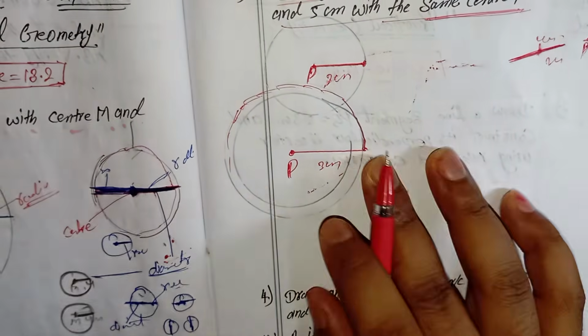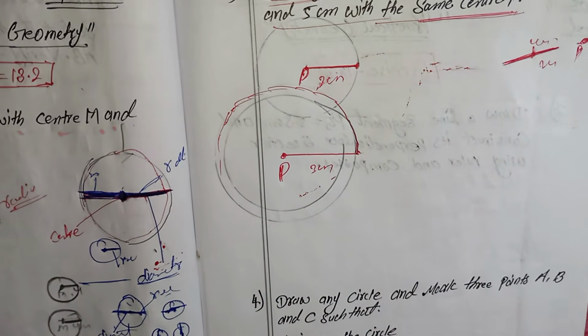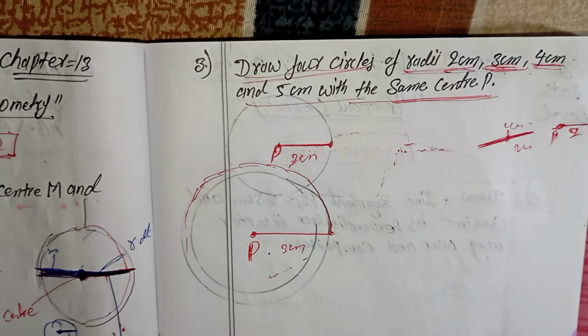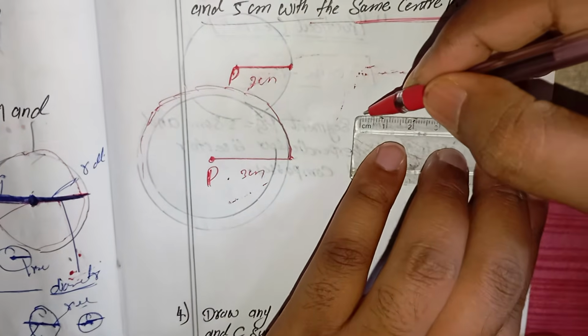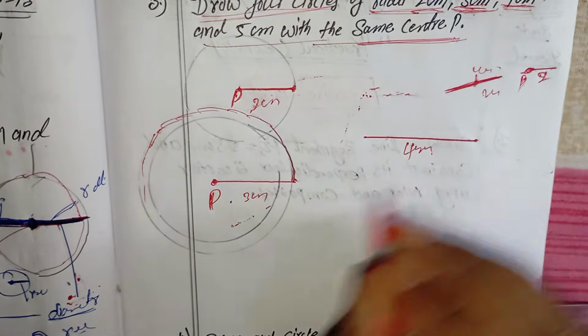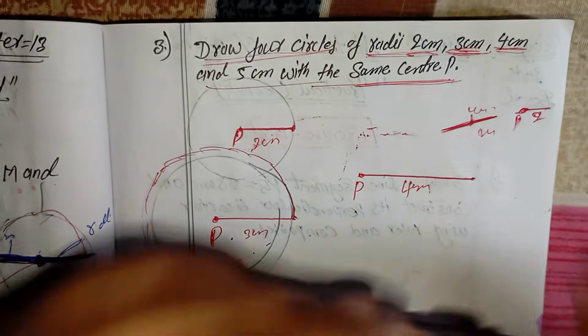This one is the circle. It is not clear, it's made by me, but focus here. Now 4 centimeter you have to get. Here to here, this is 4 centimeter. This is P. Now you have to create the circle like that.